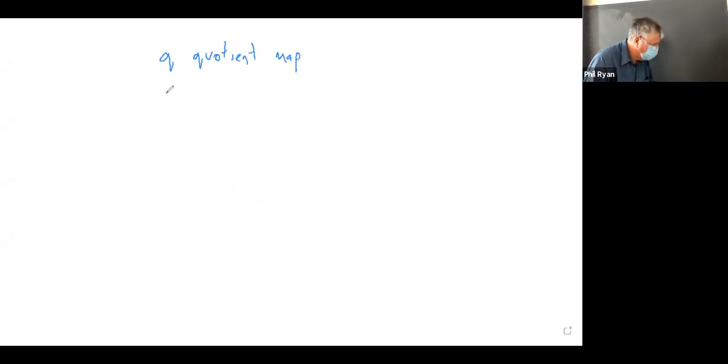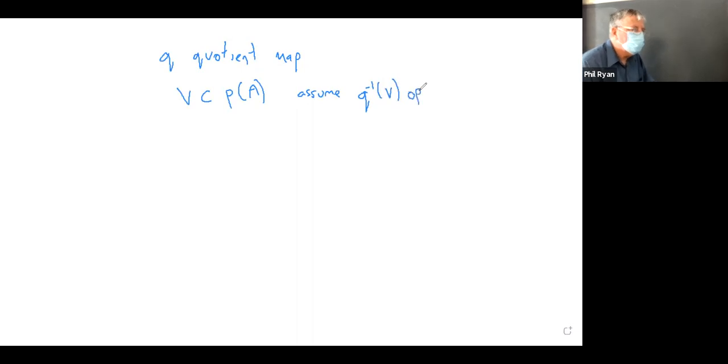So that means we want to show, given some V in the image of A, if Q inverse of V is open in A, then V is open in P of A.